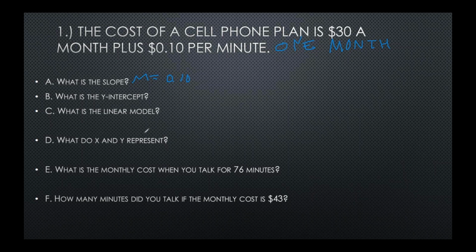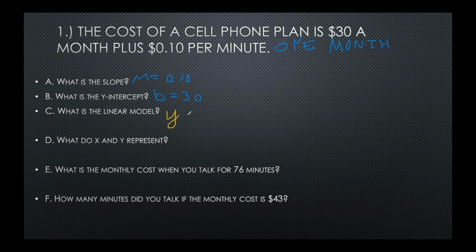Okay, so what is the y-intercept then? Yes, the $30. Because if you think about it, you have a $30 flat fee. Even if you don't talk on your phone 1 minute, you still owe $30 because that's your base fee. So because we have our slope and our y-intercept, now we can write our linear model.